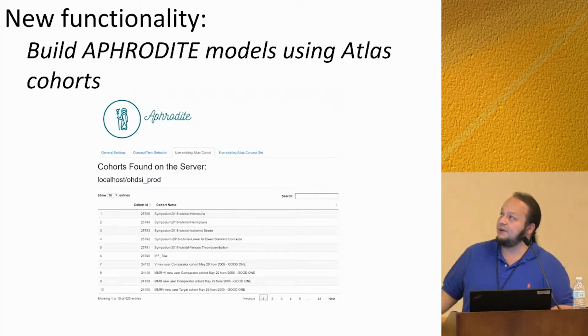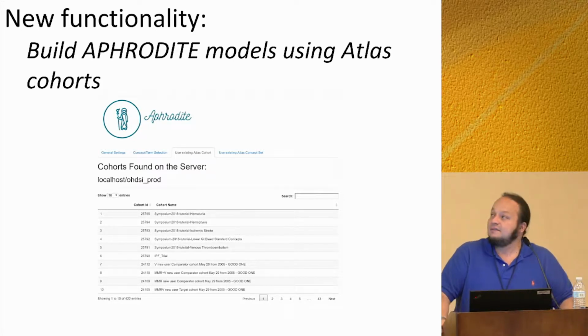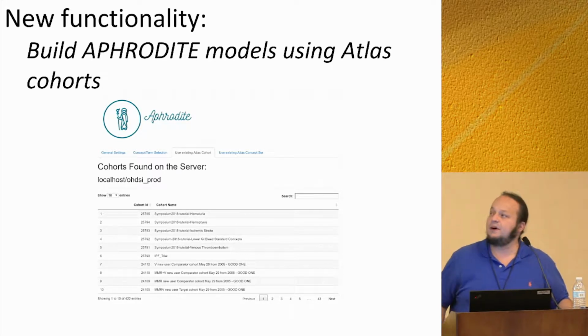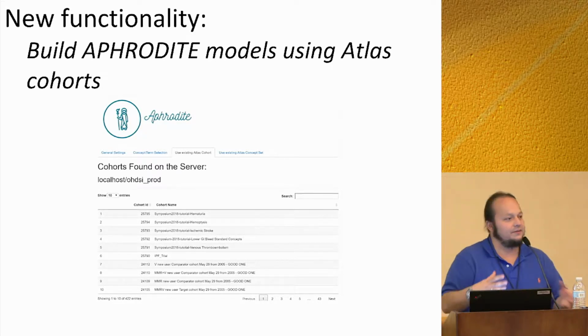But also, you can build a model. Obviously, the labeling heuristic as one code or a set of codes might not be as restrictive as you like. So you can also use Atlas. You define your cohort in Atlas, and then you have a very rigid set of rules. So what would you get with APHRODITE for this? Then you can build a model that will find all the related features for those patients.